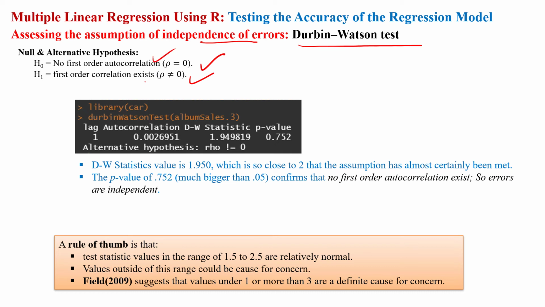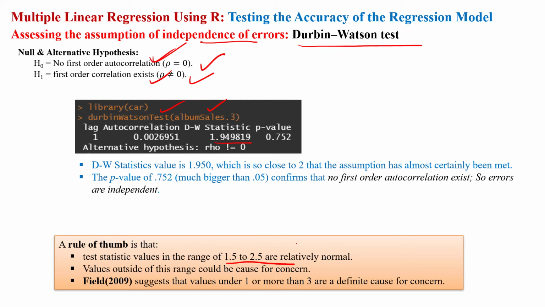How can we do that? We can do that with the help of this command, so I will run it. The rule of thumb is that if the Durbin-Watson test value lies within this range, then we will say it's normal.